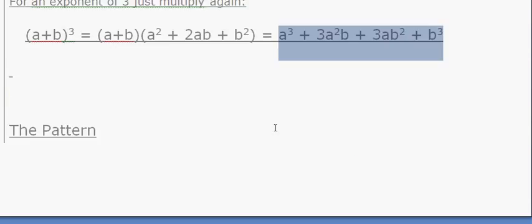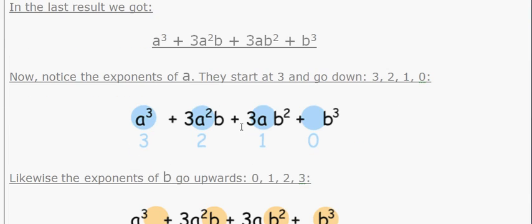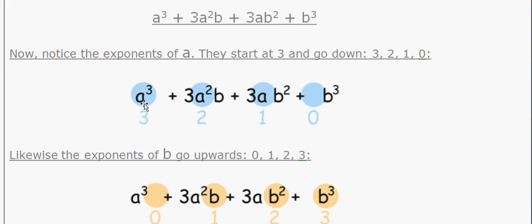Let us see it in a different way. Now notice the exponent of a: they start at 3 and go down 3, 2, 1, 0. I have already told you, the exponent of a was 3, then 2, 1, 0, and we end this equation when the a power became 0.